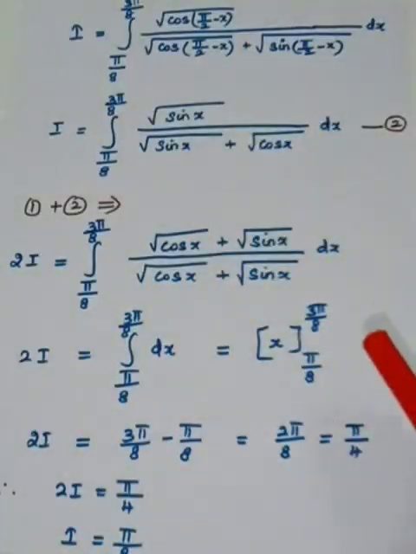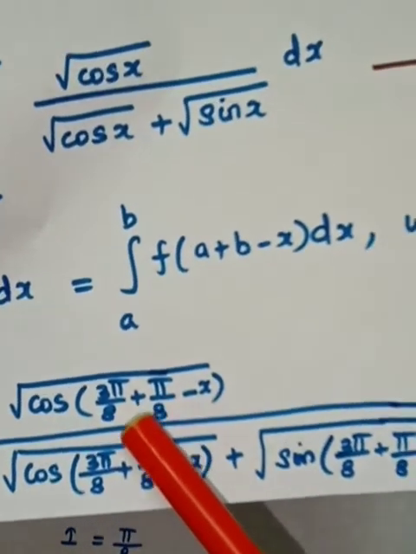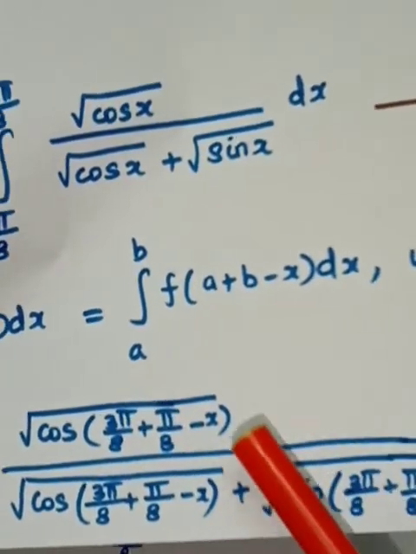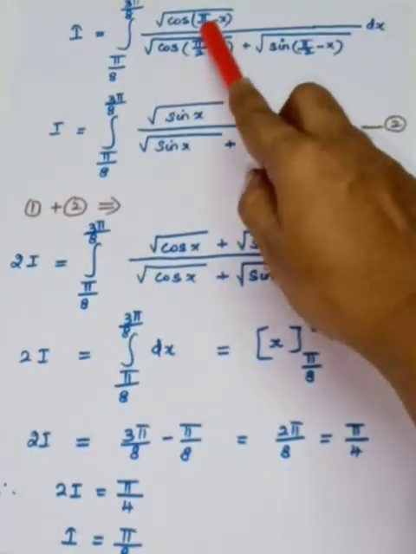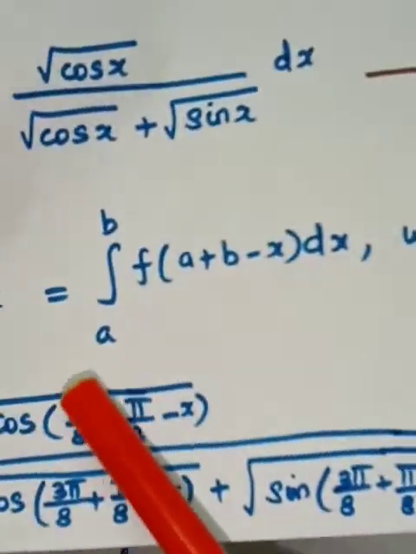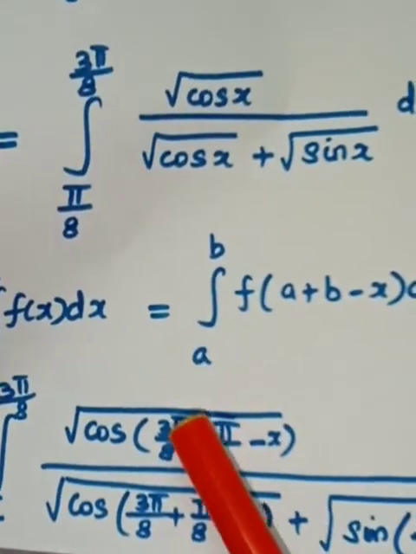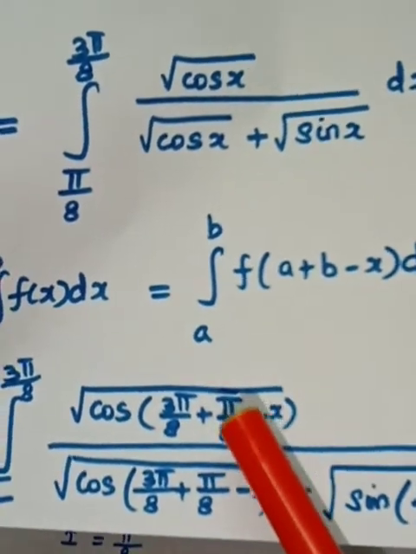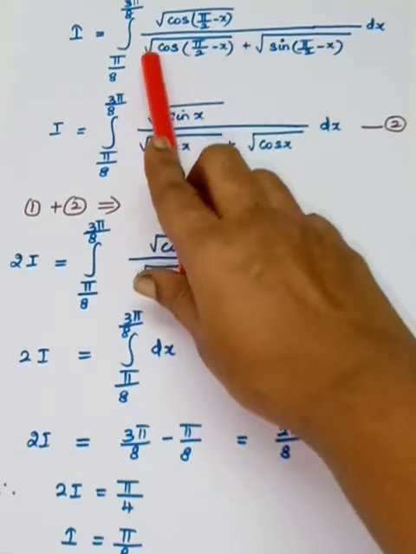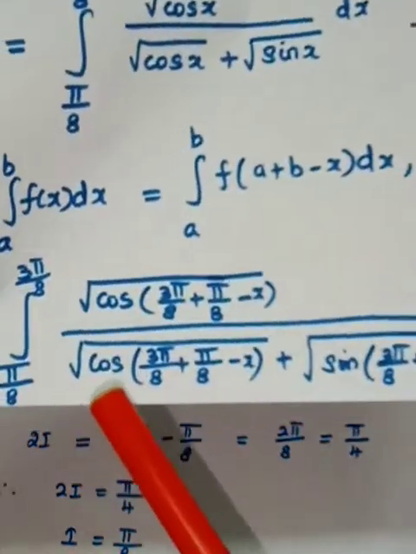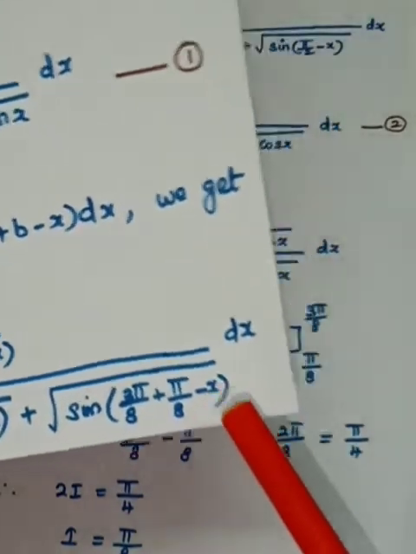Okay. So see now, here 3 pi by 8 plus pi by 8, what it will be? 4 pi by 8. And the 4, 8, if we cancel, your answer is pi by 2. So it's a square root of cos pi by 2 minus x divided by square root of cos pi by 2 minus x plus square root of sin pi by 2 minus x.